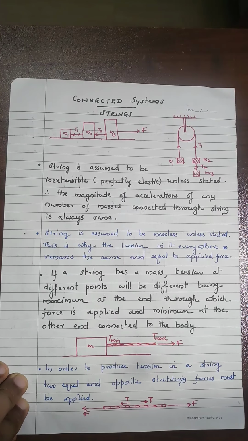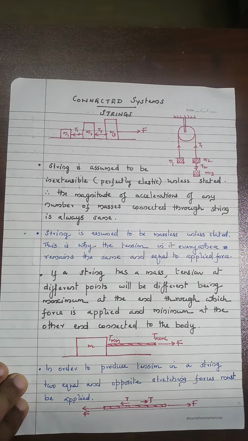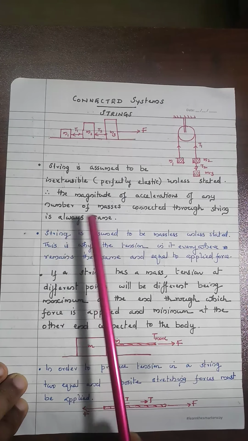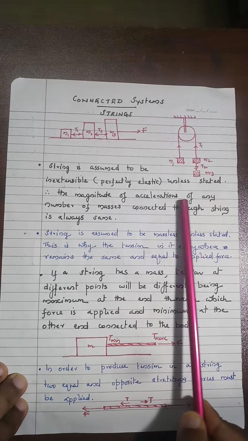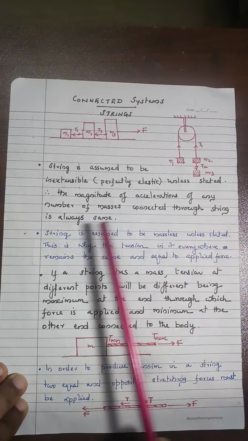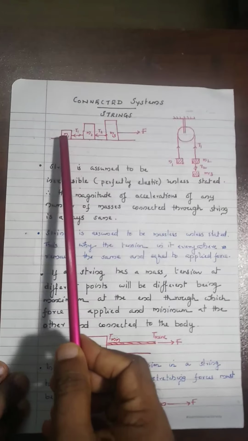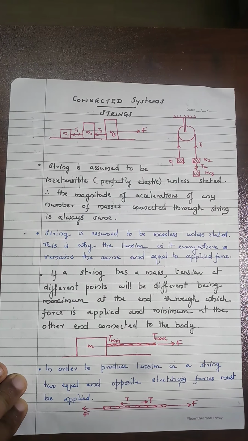That is a very important point. Unless stated otherwise, we can take the assumption as always inextensible. And that's the reason why the magnitude of accelerations of any number of masses connected through the string is always the same. So the accelerations of M1, M2, M3 are the same.